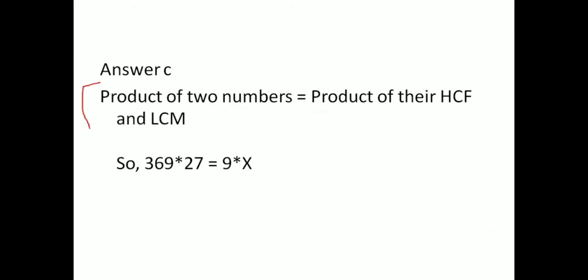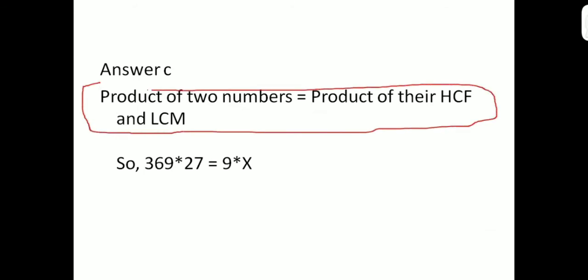This is the equation we are using here. So we have LCM and HCF given: 369 into 27 is equal to one number, 9, into the other number, which we can take as x. So x equals 369 into 27 divided by 9.